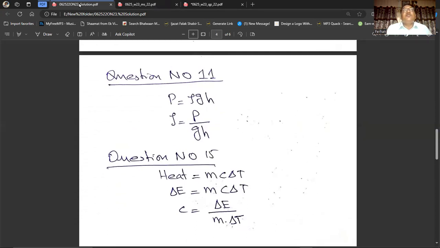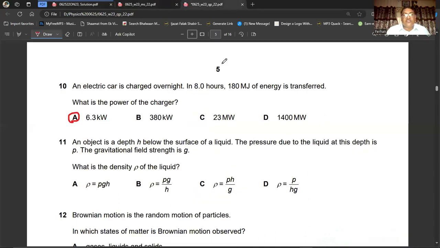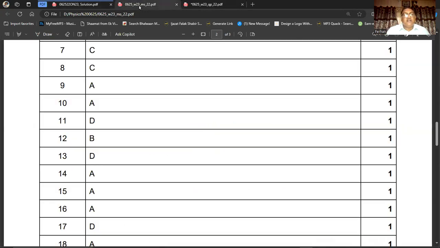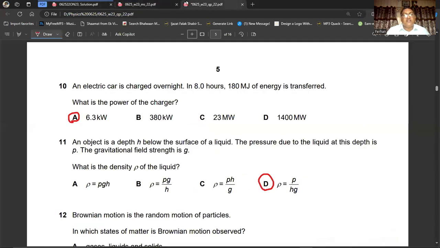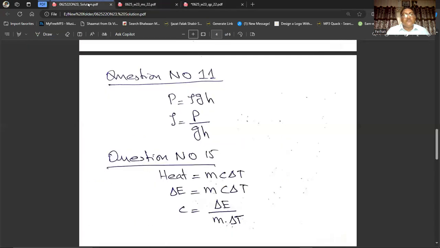So the density, which is represented with rho, will be equal to the pressure divided by g h. So D is the right option, sir. Question number 11, D is the right option. Okay, let me show you again. This is how I have found it.